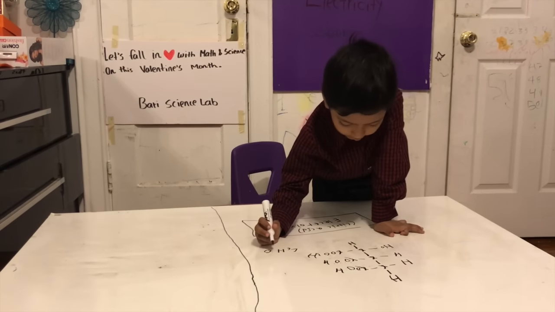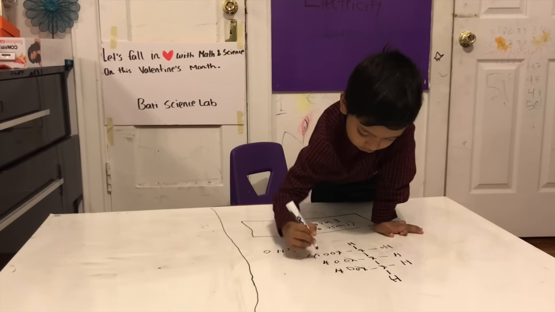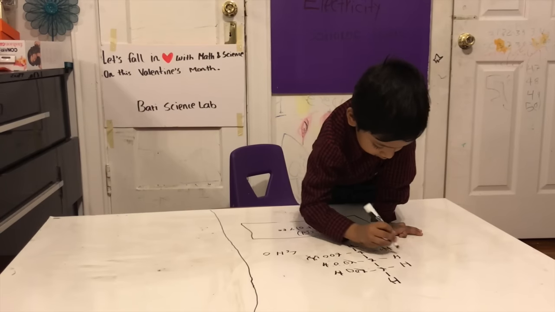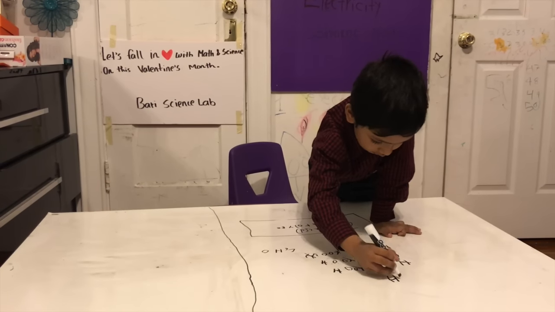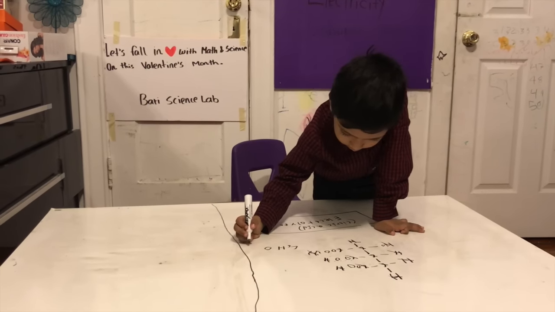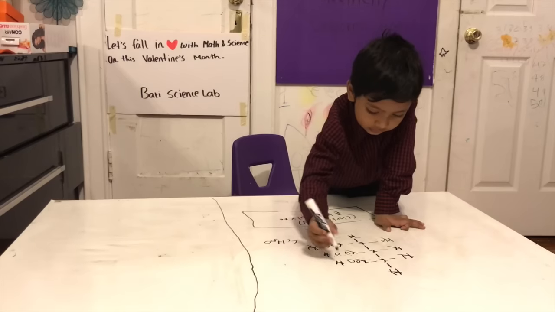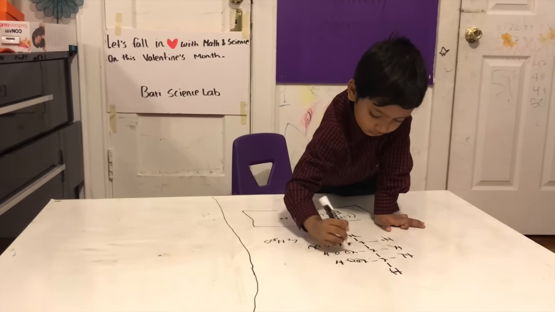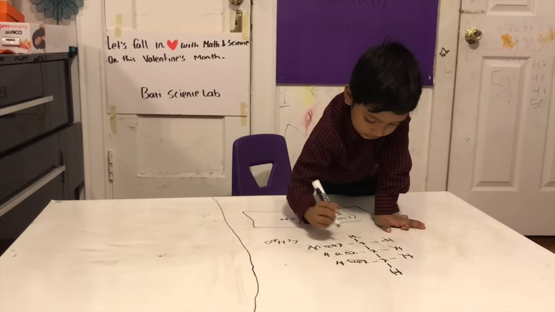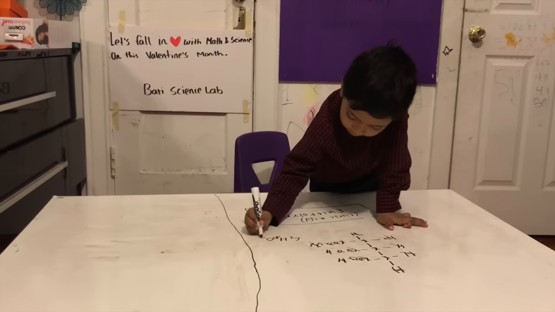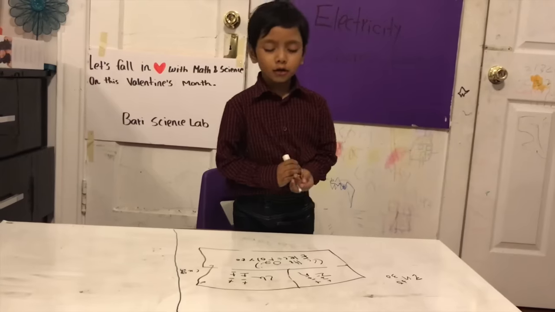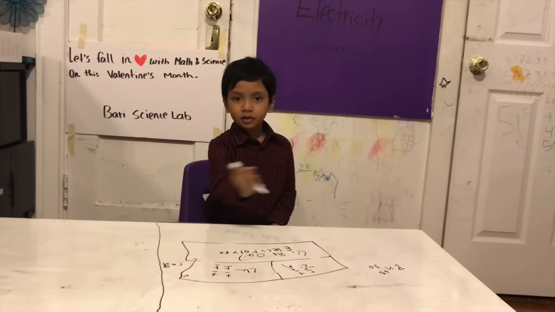Now the hydrogen. 1, 2, 3, 4, 5, 6, 7, 8. And oxygen. 1, 2, 3, 4, 5, 6, 7. Our neutrally charged atom. Okay.